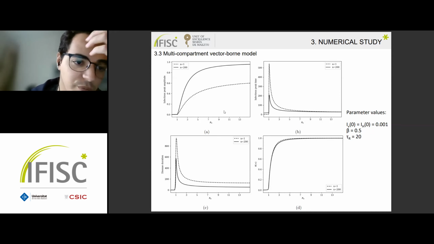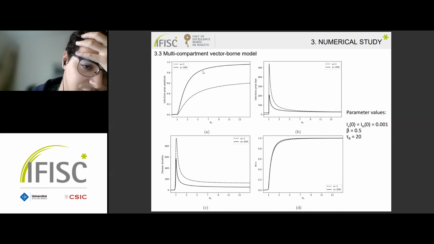There's another thing that I want to mention. Here we've seen that we have significantly higher peak amplitudes in the continuous case, but we have the same number of dead individuals. So one may wonder, why do we have the same number of dead hosts if we have a much higher infection peak in the continuous case?